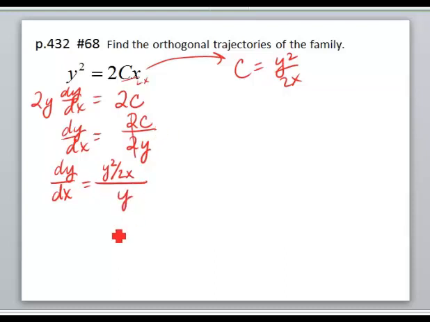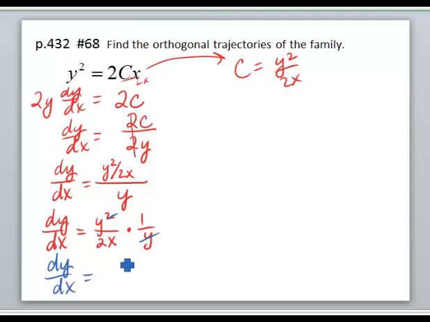Now I need to simplify this a bit. So dy over dx equals y squared all over 2x, divided by y would be multiplied by 1 over y. That allows me to cross-reduce a little bit, so I end up with dy over dx is equal to y all over 2x.